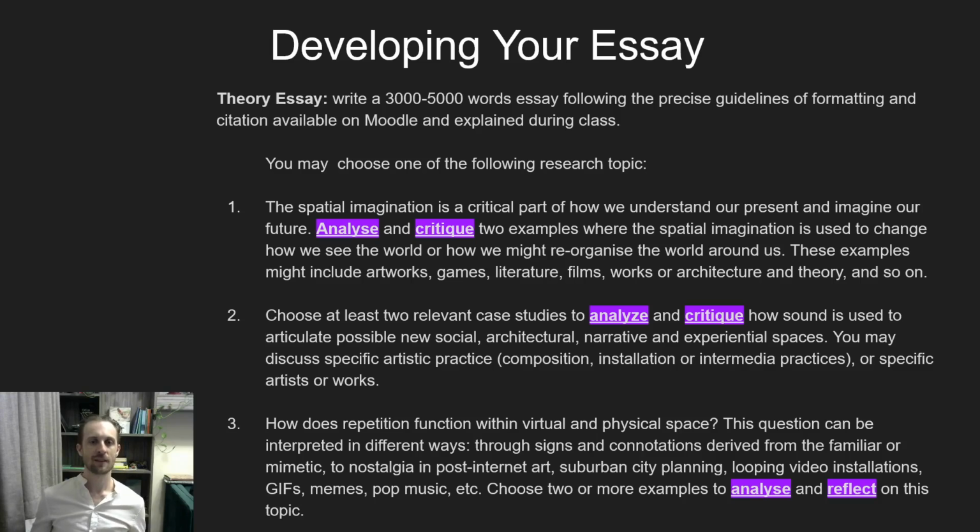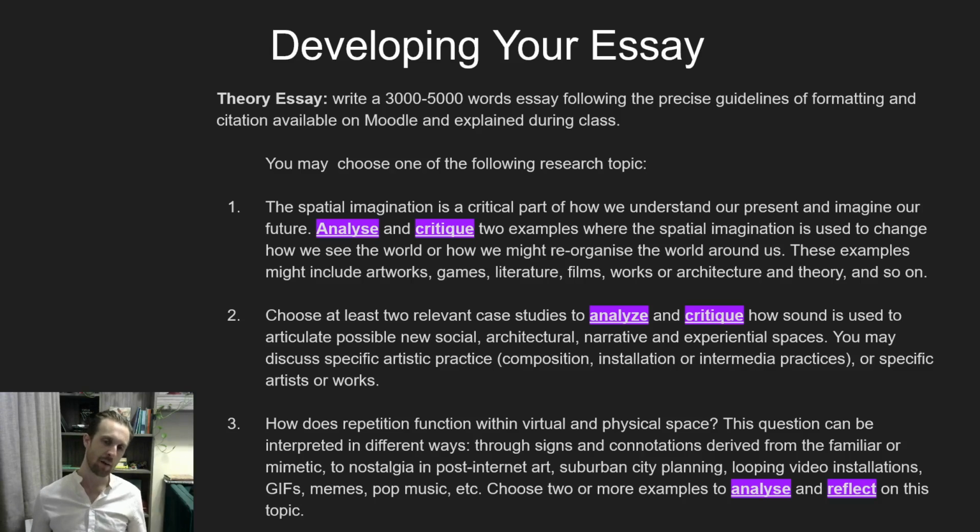So the first essay topic is: the spatial imagination is a critical part of how we understand our present and imagine our future. Analyze and critique 2 examples where the spatial imagination is used to change how we see the world or how we might reorganize the world around us. These examples might include artworks, games, literature, films, works of architecture and theory, and so on.